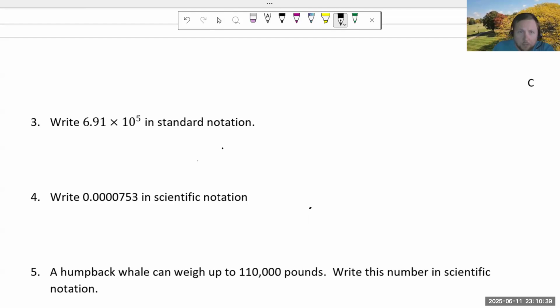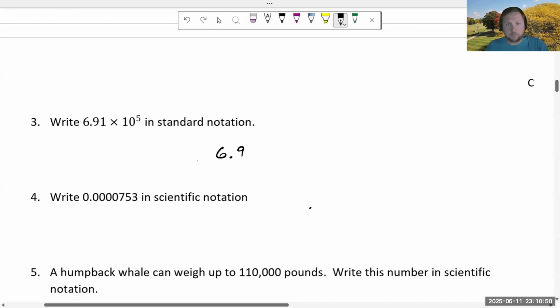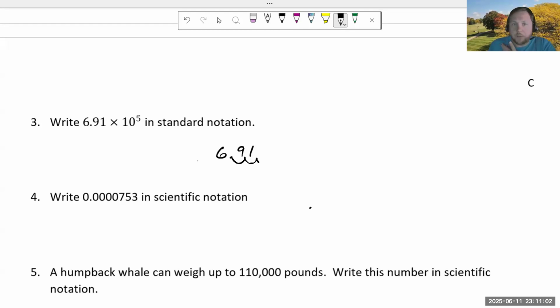So I need to move the decimal place in a direction that's going to take me up to a big number. I'm going to write down my 6.91, and then I'm moving it to the right, but I'm not thinking about left and right per se. I'm moving it so that I'm going to end up with a big number at the end.